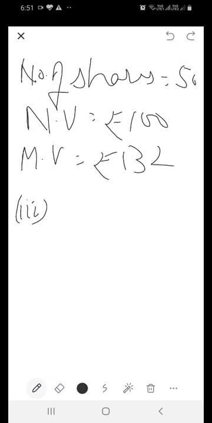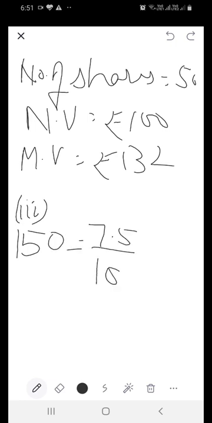Again, the second formula which I wrote: dividend is equal to dividend percentage, which is 7.5, upon 100, into nominal value 100, into the number of extra shares.